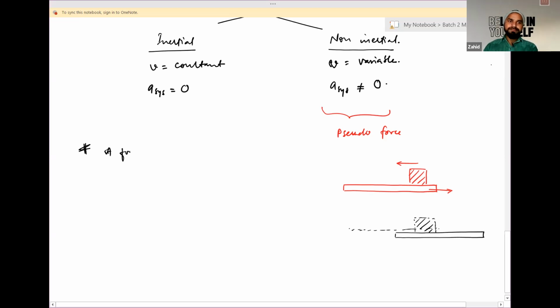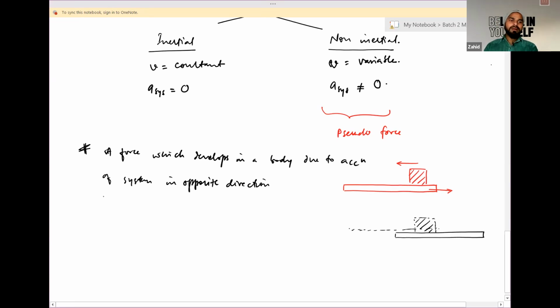So a force which develops in a body due to acceleration of the system, in the opposite direction, due to inertia, is called pseudo force.